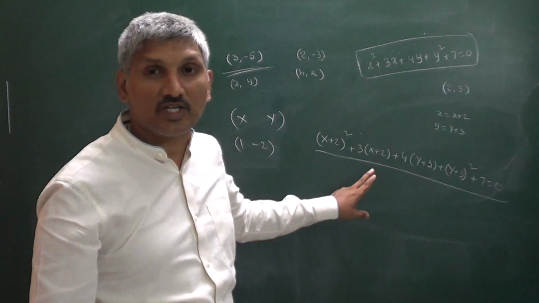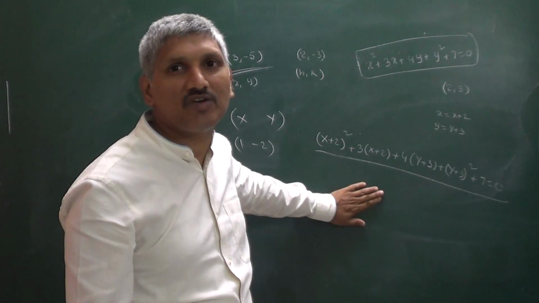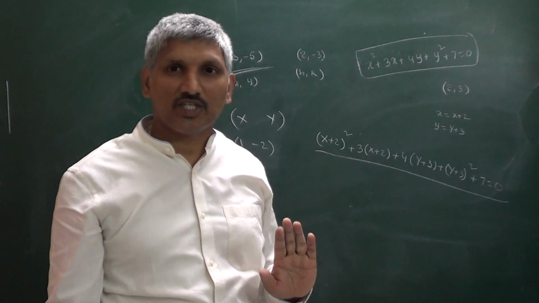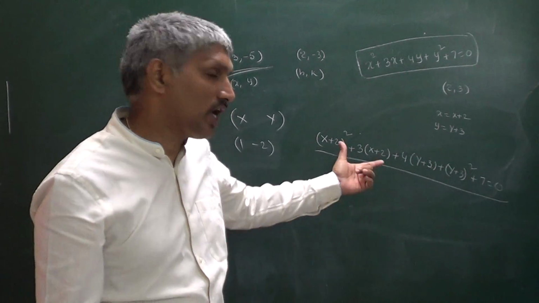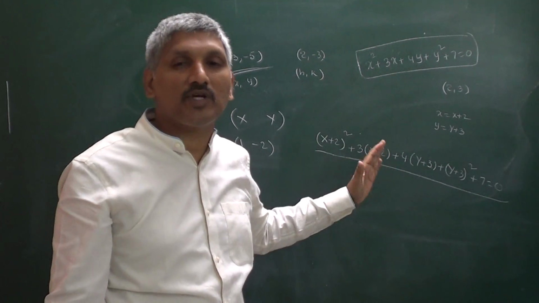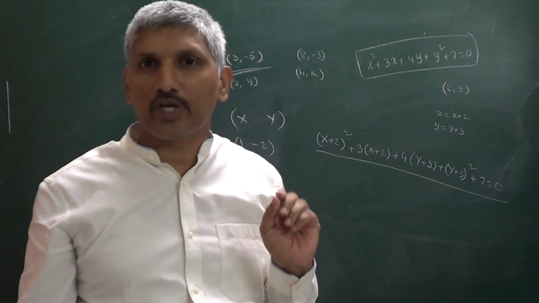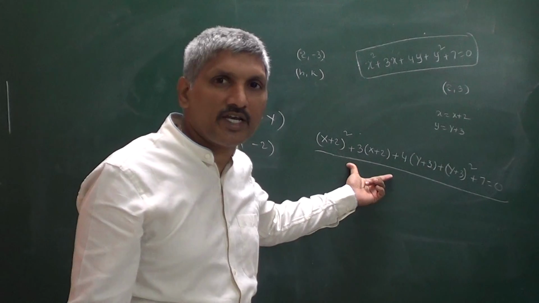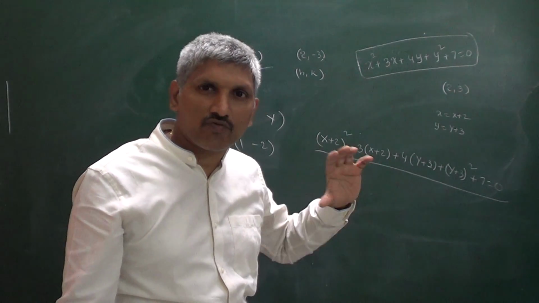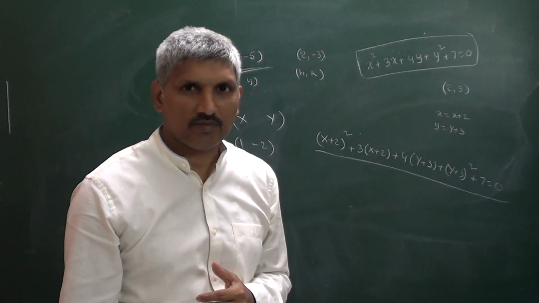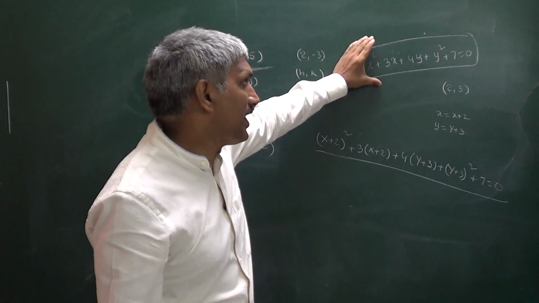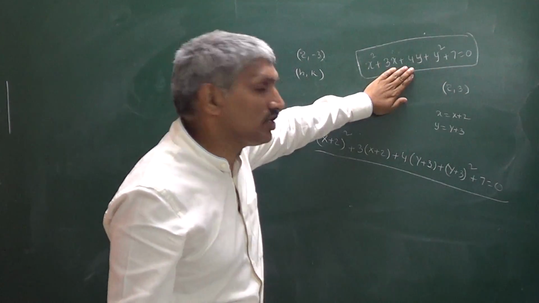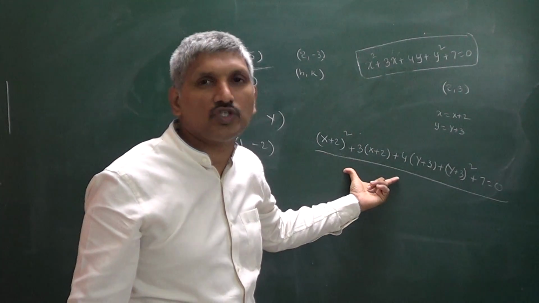This is the transformed equation, the new equation with respect to the new origin. At the same time, don't think that in the answer they definitely have to give capital X and capital Y. No need to give capital X and capital Y. How the equation changes is what matters. We are writing capital X and capital Y just for our representation, right? So when the origin is shifted to a point 2 comma 3, this equation transforms into this form.